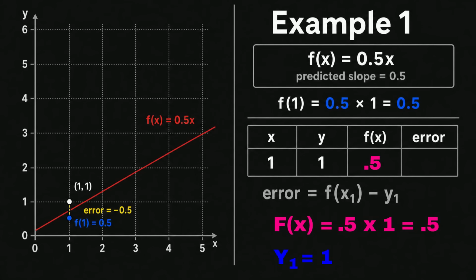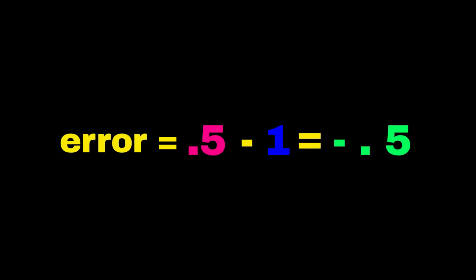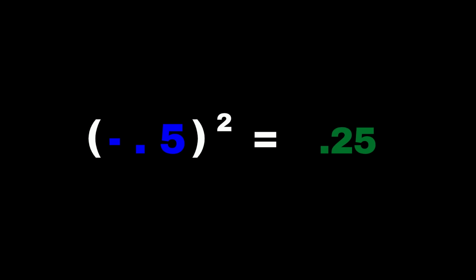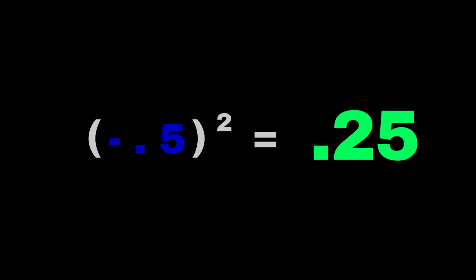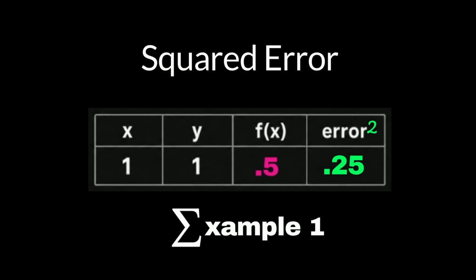So now we just put them into our formula and compute the error. f(x1) minus y1 equals 0.5 minus 1, which equals negative 0.5. But we don't necessarily want a negative number, so let's go ahead and square it, and we get 0.25, which is a positive number. It's nice to work with, it's easy. So the squared error for the first example is 0.25.